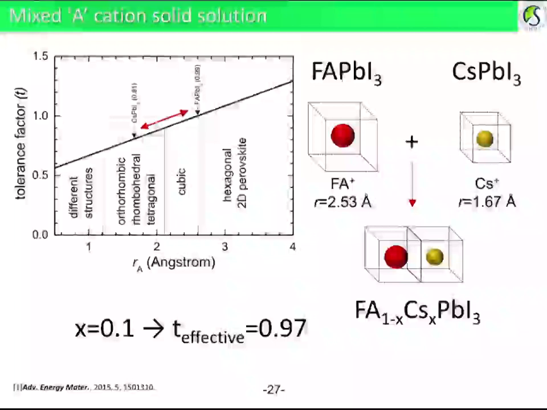And such a metastable formamidinium perovskite phase, in fact, its stability can be enhanced by adjusting the tolerance factor. We can use an alloying strategy.